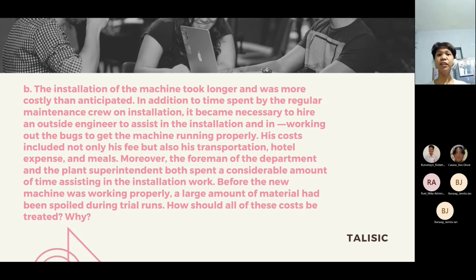Since the foreman of the department and plant superintendent assisted in the installation, it can fall under service expenses because they spent a considerable amount of time helping the installation. And lastly, the spoiled materials during the trial runs are considered as spoilage expenses because the materials have gone to waste.